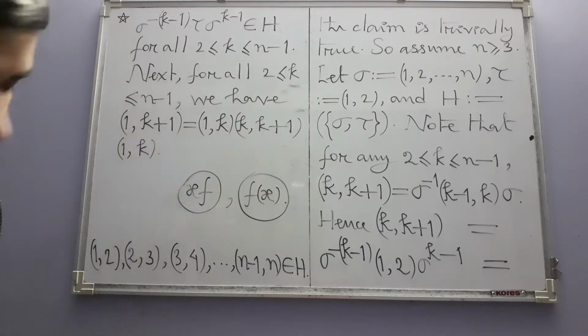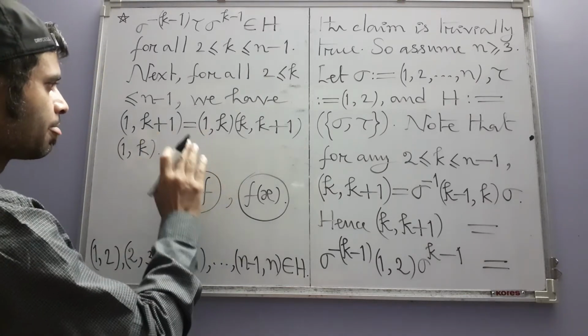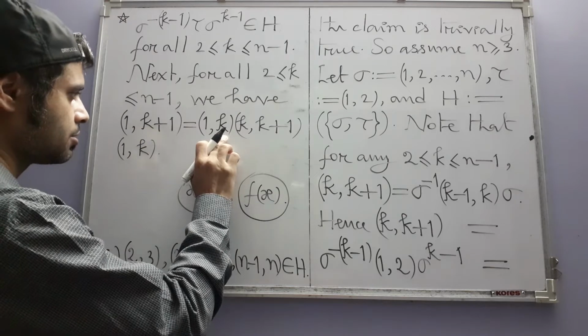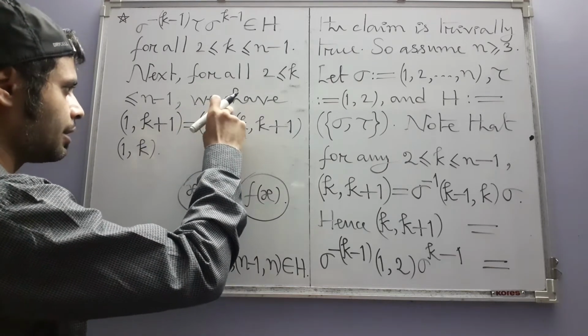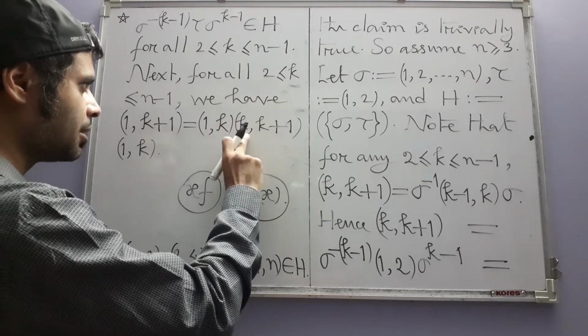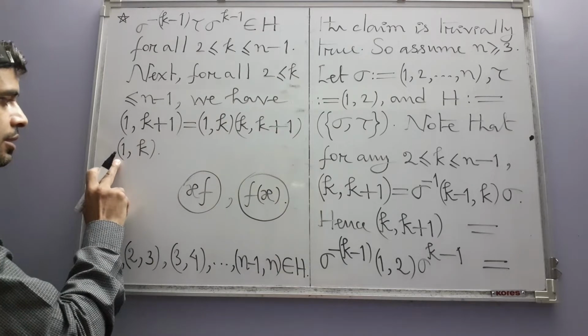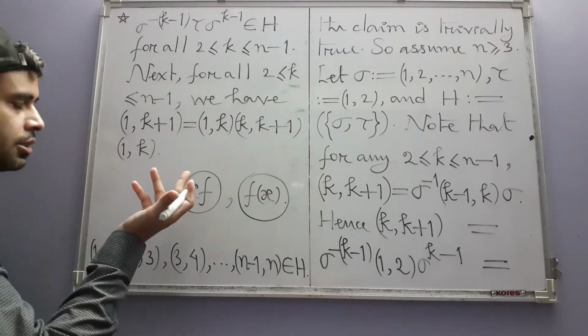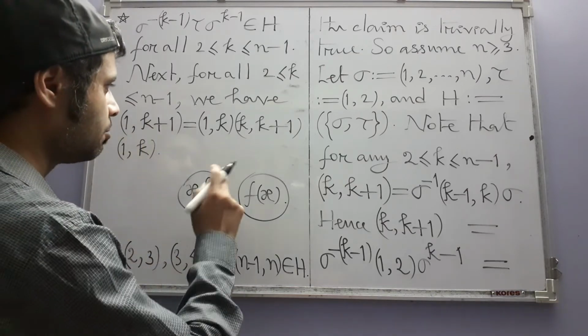Okay, so let's see now, what are we really getting? First of all, this 2 cycle will send 1 to k, and then that k will be sent by this 2 cycle to k plus 1, and that k plus 1 is unchanged by this because it does not change k plus 1. So 1 goes to k plus 1. Fine. What about k?